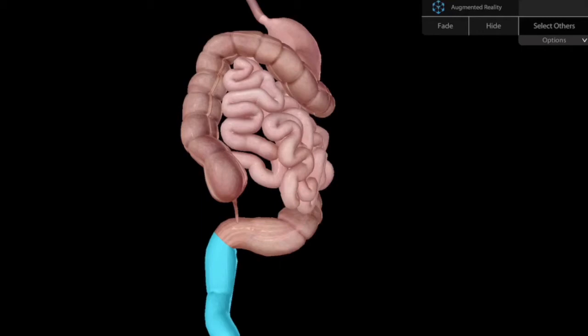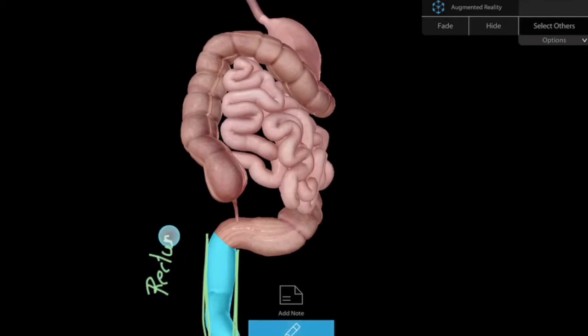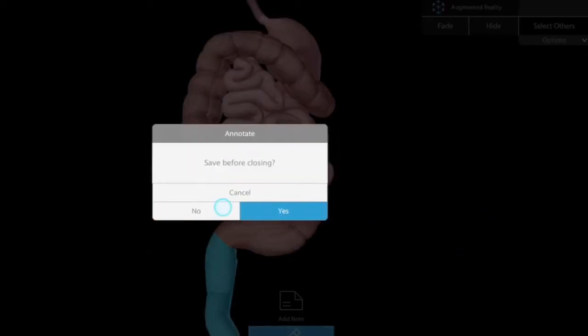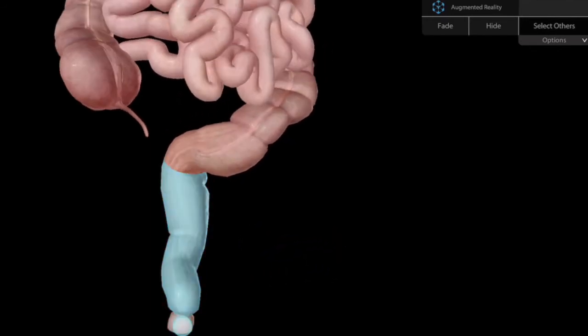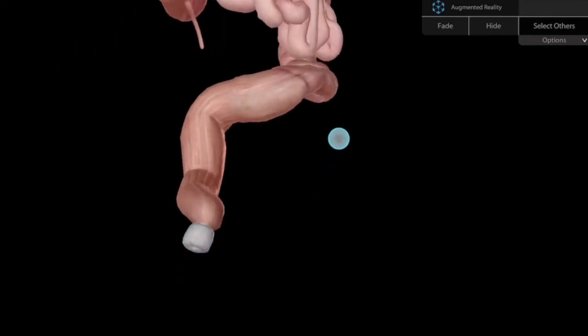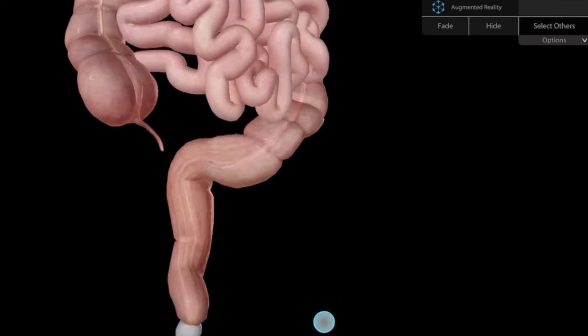Straight is recta. So we're gonna call the straight part here of the large intestine the rectum. And the rectum will be conducting the feces to travel to the outside through the anal canal, and its opening is going to be the anus.